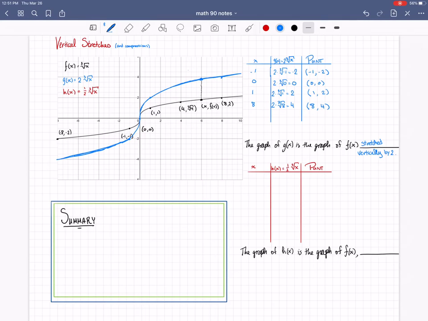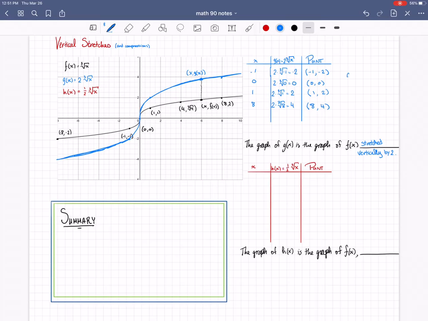They have the same x-coordinate, but what about their y-coordinates? Well, the y-coordinate of the blue point is twice the y-coordinate of the black point. So on the one hand, the y-coordinate is g of x, and I'll write it here off to the side.